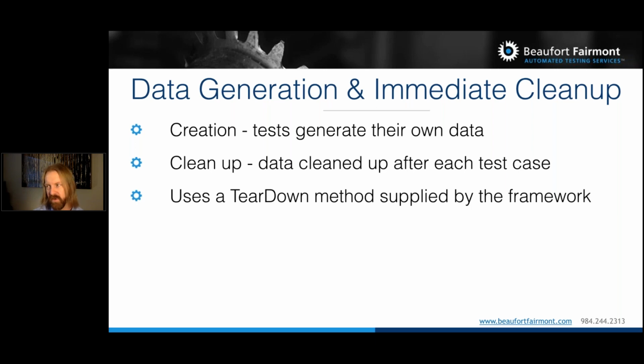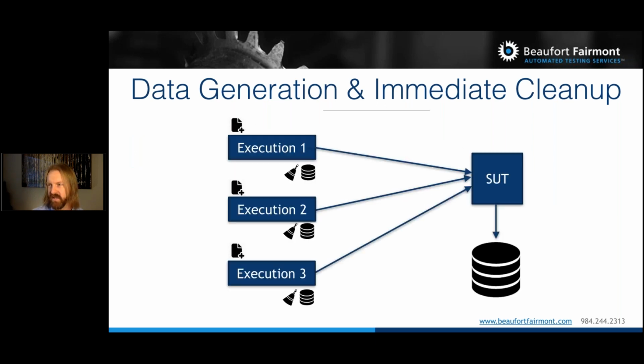I'll give you an example of how I've implemented this in the past. One way was in a .NET framework. We had a very nice RESTful API we were interacting with and testing against. And with this API, we were doing the data generation creation strategy here. And we wanted to do immediate cleanup.